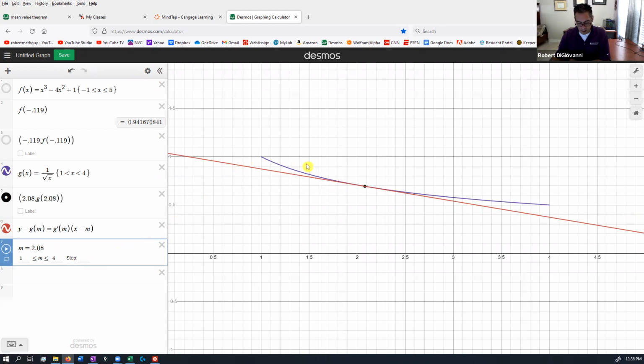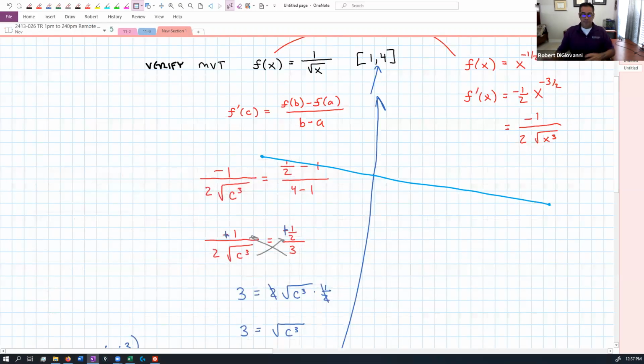Let me connect these two with a straight line. That might be harder to do. I'll just draw it. Hopefully that'll be enough for you to be convinced we've done this. If we connect this point to this point with a straight line, we're saying these two lines are parallel. Looks good to me. All right, so that's really the way the mean value theorem works in terms of verifying it.